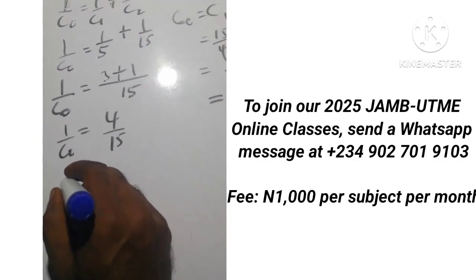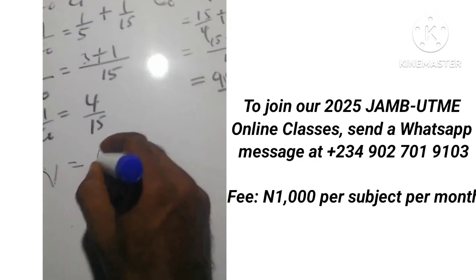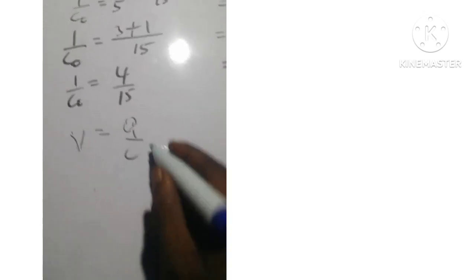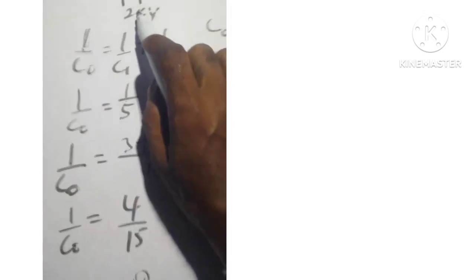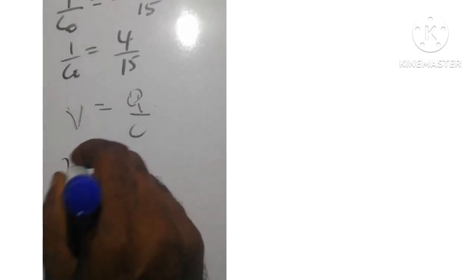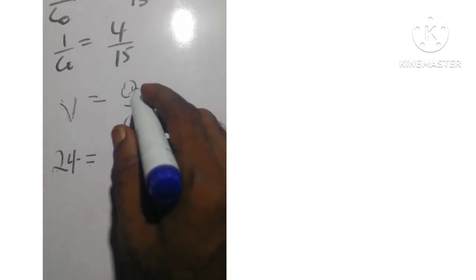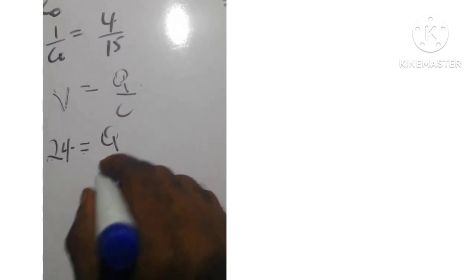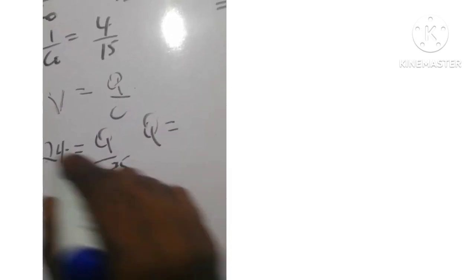We say V equals charge over capacitor. Our voltage is 24. So 24 equals the charge, which we don't know, over the capacitor, 3.75.